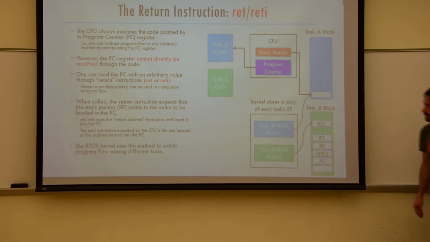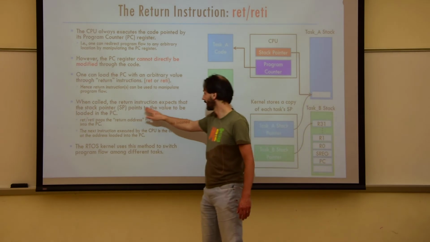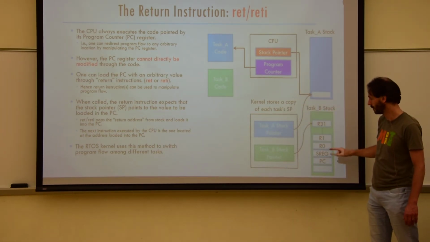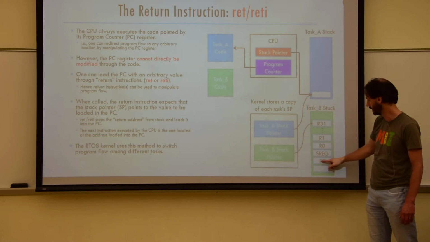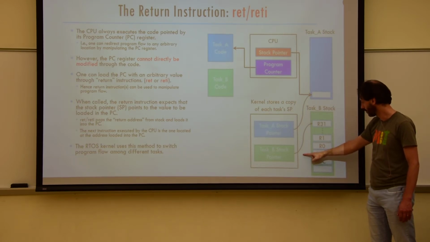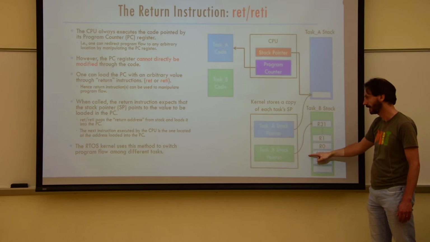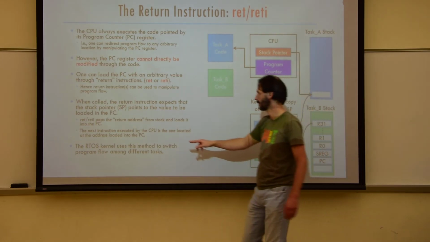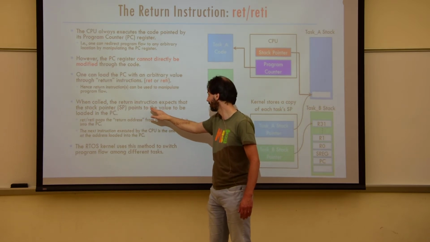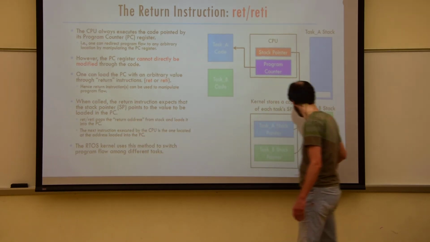Alright, so let's have a look. When called, the return instruction expects that the stack pointer points to the value to be loaded in the PC. So when you have a context switch in all of the context of task B, then at the very end the stack pointer will be pointing over here, right? So now the stack pointer points to the value to be loaded in the PC.